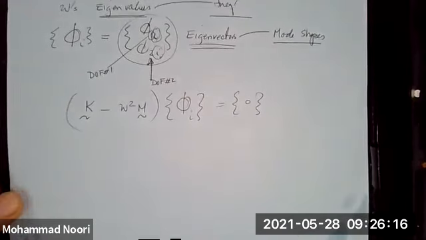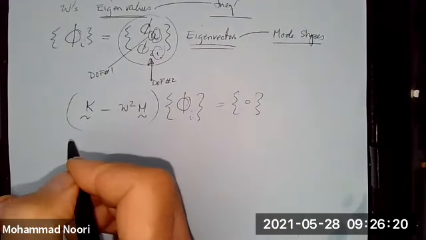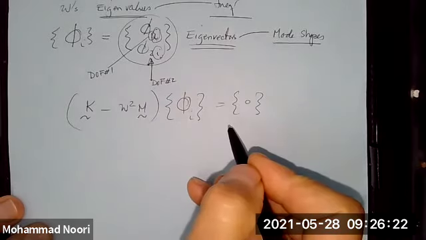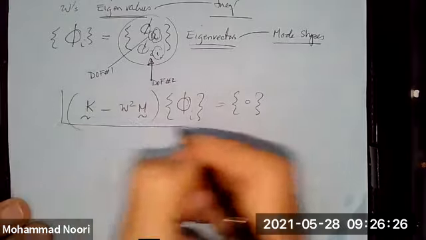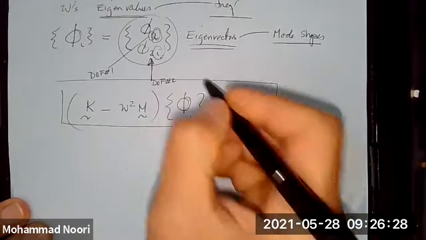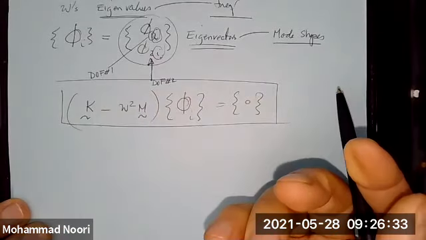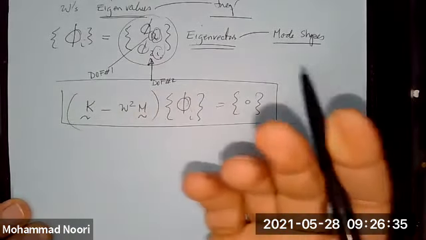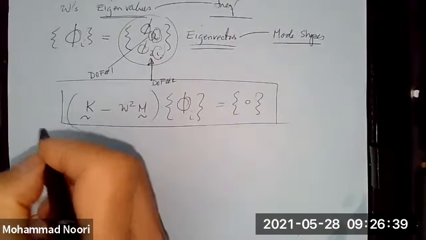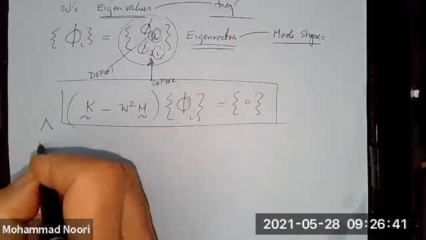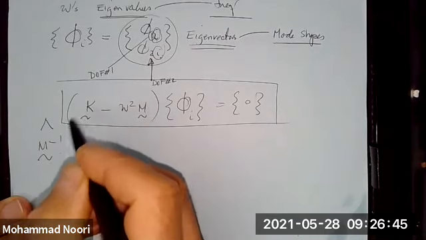You could solve that by performing a little bit of a matrix operation. In other words, you can rewrite this matrix equation in a different format that may remind you better of the eigenproblem that you had. If you pre-multiply this by the inverse of the mass matrix, it becomes what?